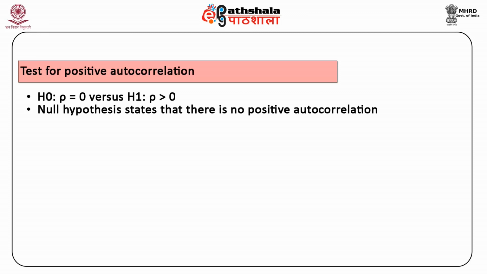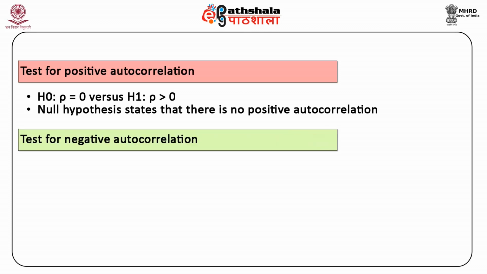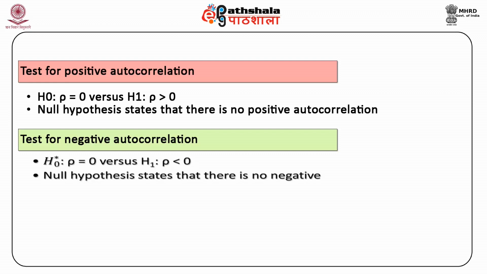Null hypothesis in this case states that there is no positive autocorrelation. The second test could be for negative autocorrelation, where our H naught star is rho equal to 0 versus H1 rho is less than 0.